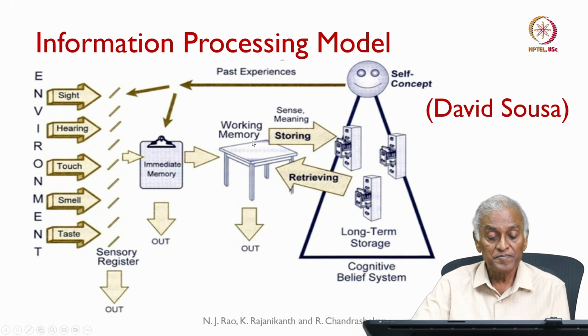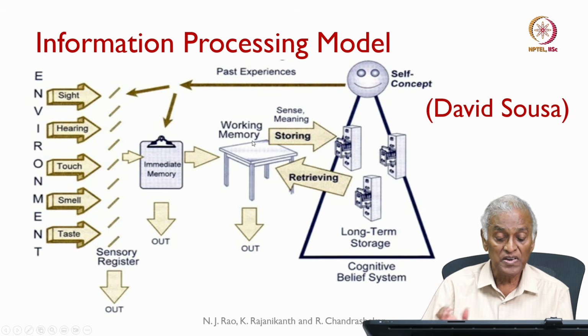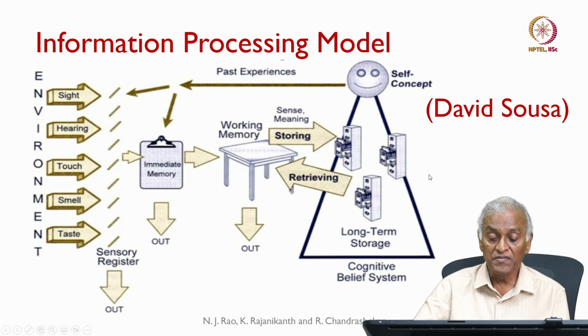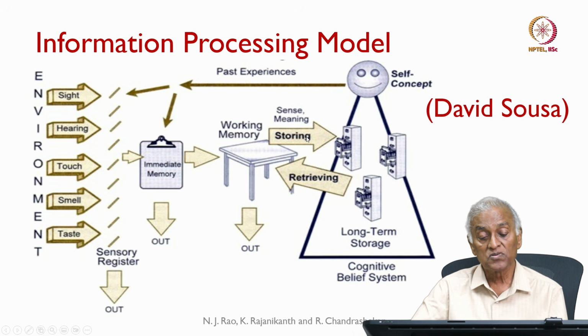Working memory is small, not very large, and it can only process a few bits of information. Whether it comes from the immediate memory or is retrieved from the long-term memory of the brain, it comes onto this. It is processed consciously, and then it can be sent to storage.